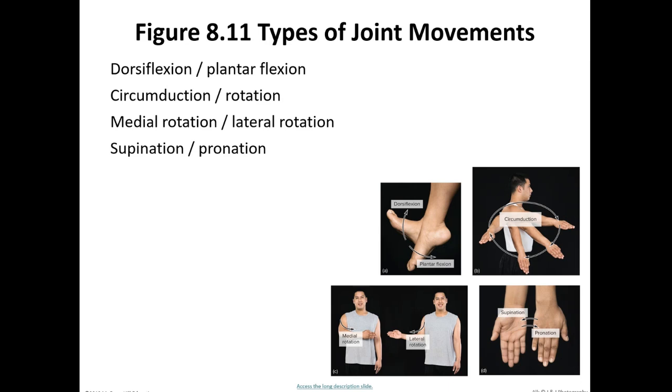But if I go around, we call that circumduction. So when you go around an axis, we call it circumduction. If you show one side and then show the opposite, the other side, that's called rotation. Just like I show you my palm and then show you the back of my hand, that's rotation.